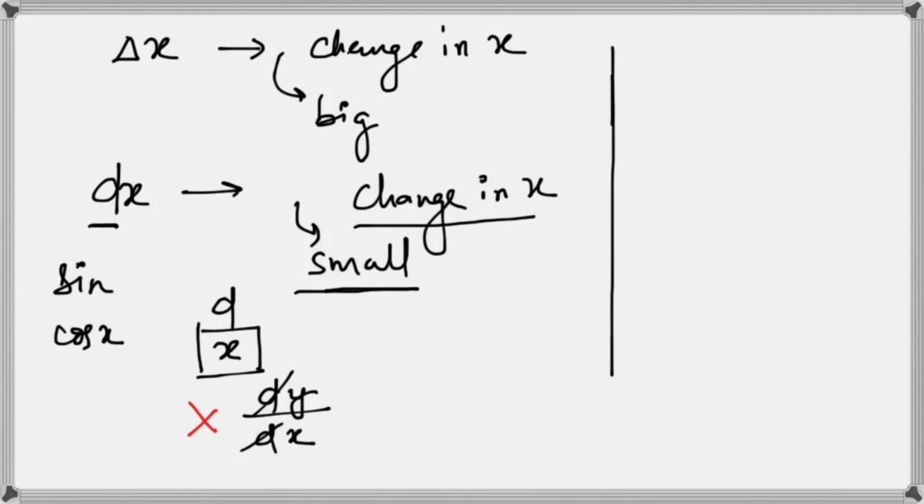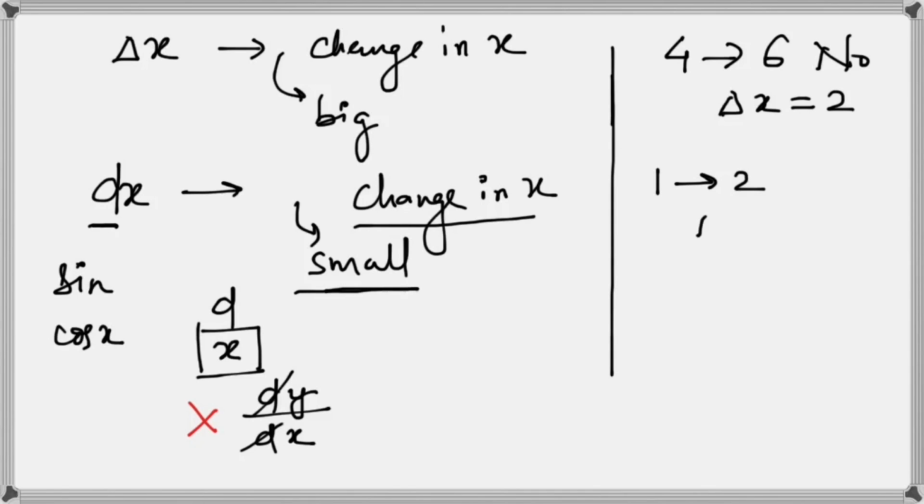So, if x changes from 4 to 6, is this change dx? No. You write here delta x equals to 2. And if x changes from 1 to 2, still delta x equals to 1.